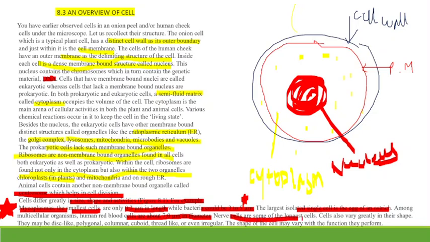Nerve cells are some of the longest cells, and cells also vary greatly in their shape. They may be disc-like, polygonal, columnar, cuboid, thread-like or even irregular too. The shape of the cell may vary with the function they perform. So cells differ in what? The size, shape and activities.